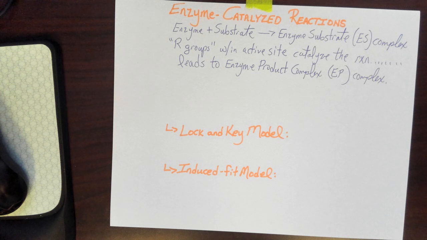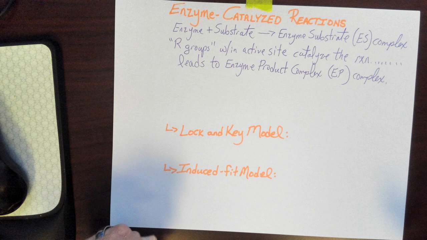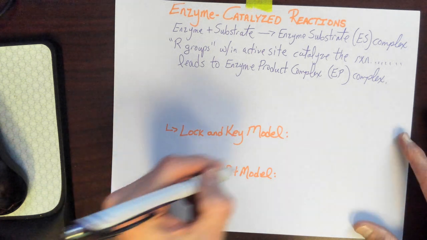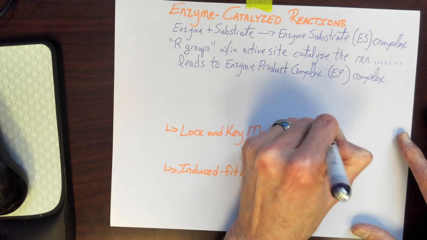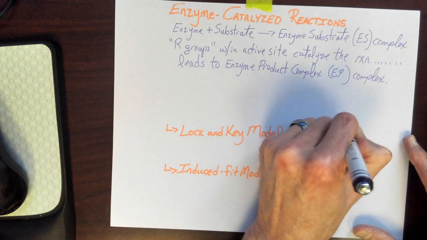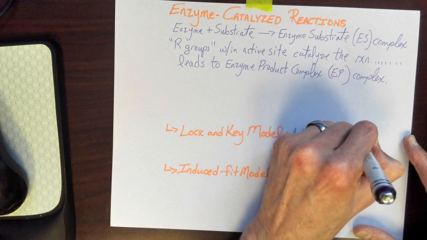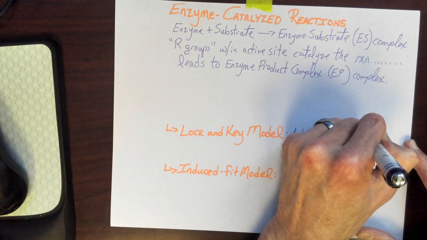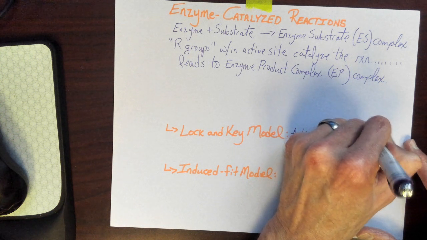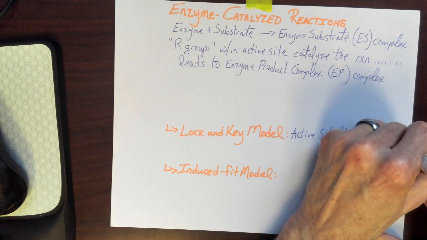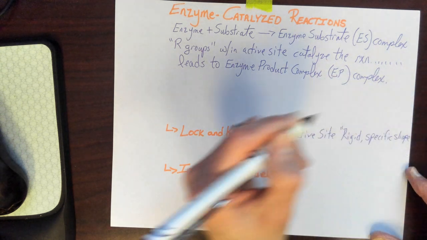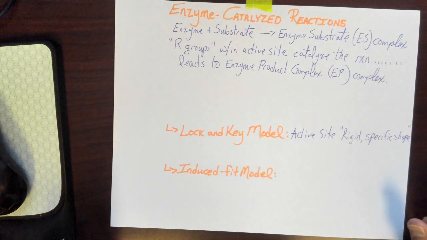Okay, so the lock and key model was the idea of the active site being very rigid, non-flexible, specific shape, size, however you want to describe it.